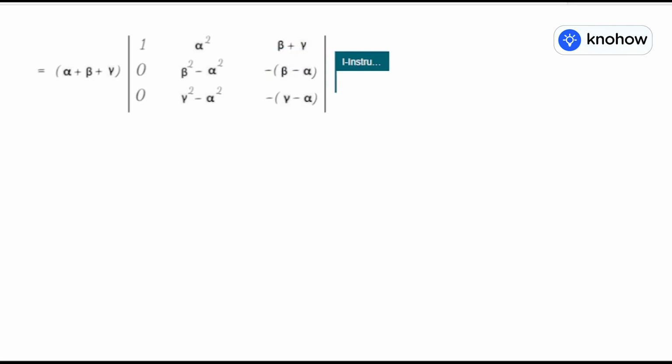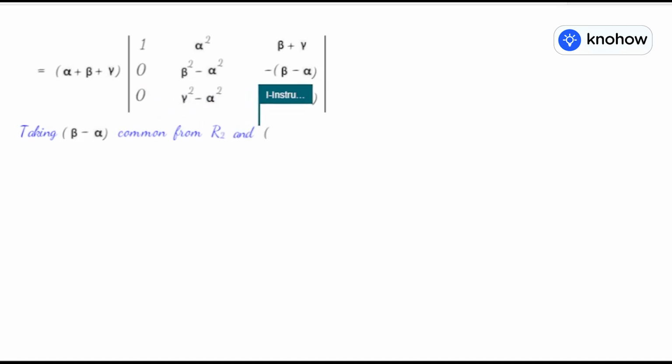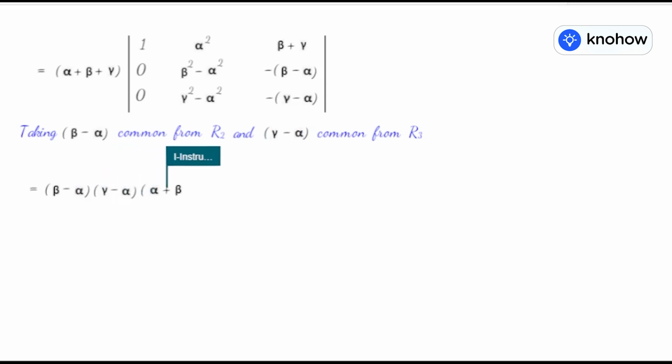So now taking beta minus alpha common from R2 and gamma minus alpha common from R3, you have beta minus alpha into gamma minus alpha. Alpha plus beta plus gamma is already a common factor.